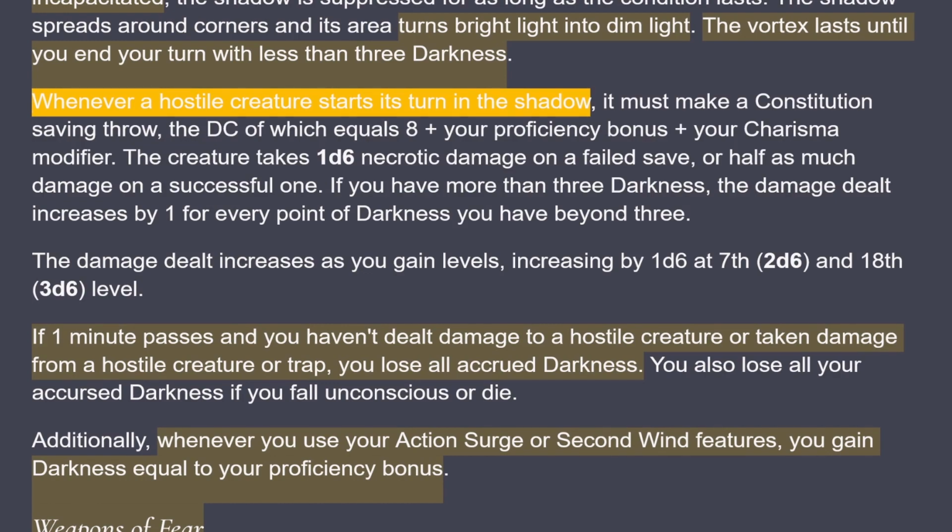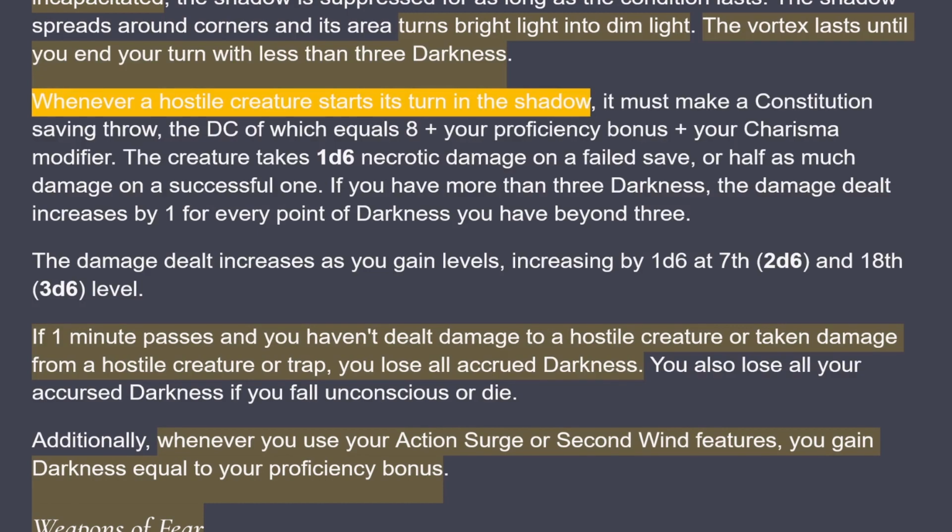So it's basically your spell save DC, Constitution save. The creature takes a d6 necrotic damage, or half on a success. So either way, you're getting a little bit of damage out. I think the average is 3.5, or half of that is 1 3/4. So you might be getting consistently on every creature within 10 feet of you that starts its turn there, 2 or more necrotic damage every round.